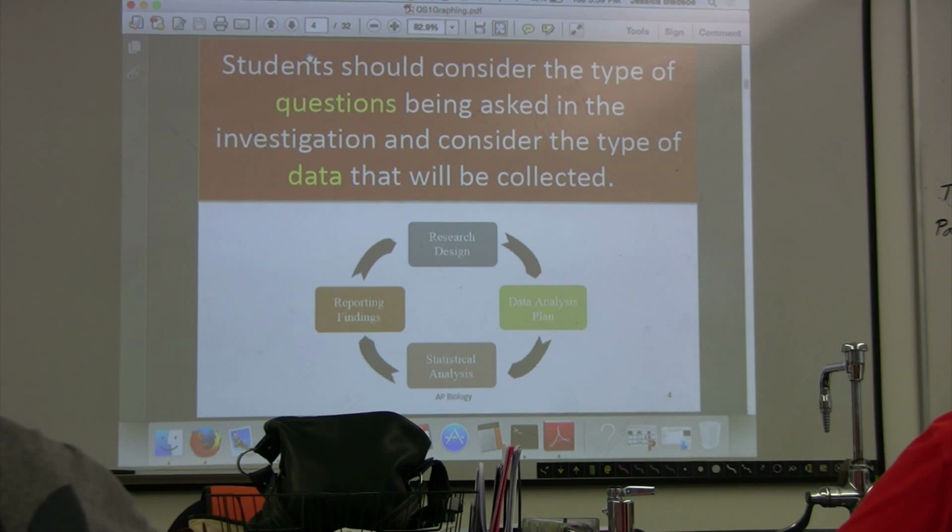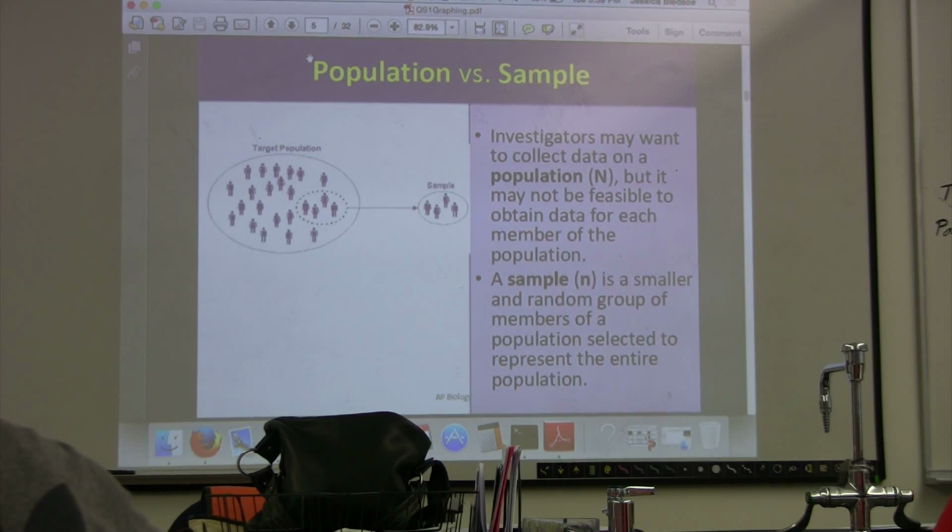All right. You should consider the type of question that's being asked before you consider the data that you're going to be looking at. A lot of the questions will be talking about a total population and a target population. What's the best way to select a population? Randomly. Is randomly like, hey, Sasha, are you available to do a survey? No, that is not a random selection.